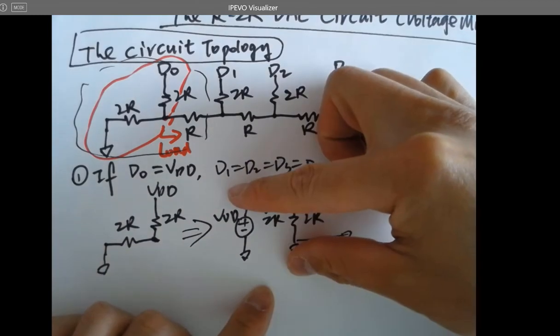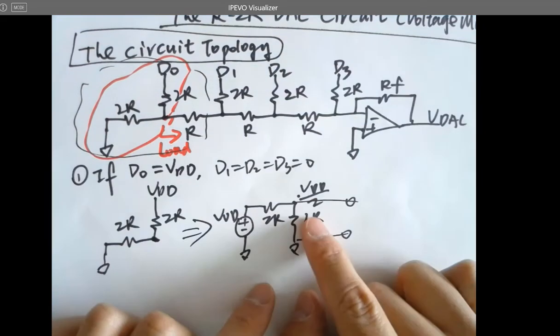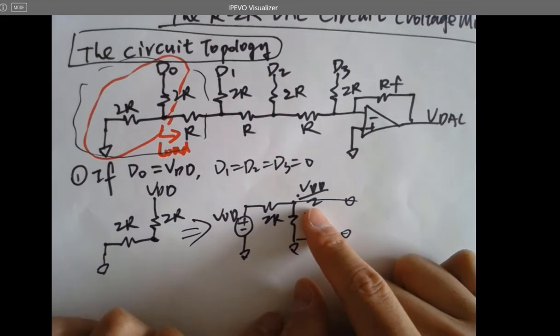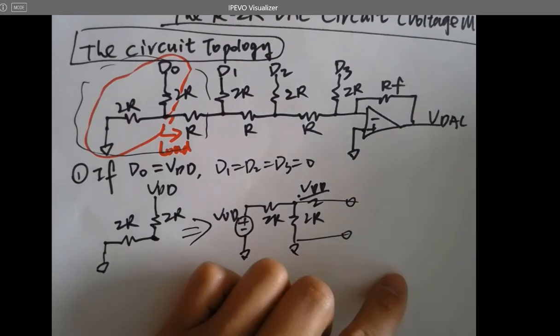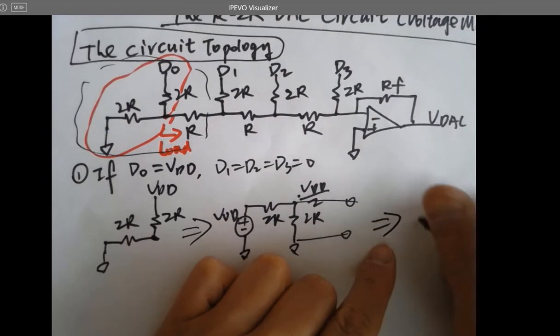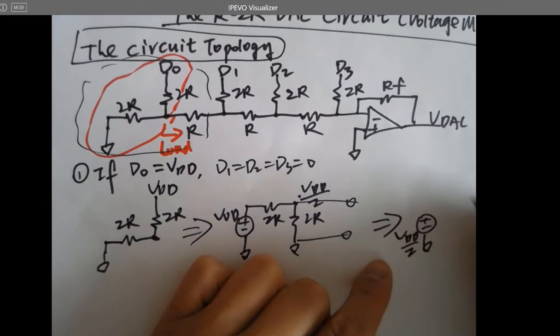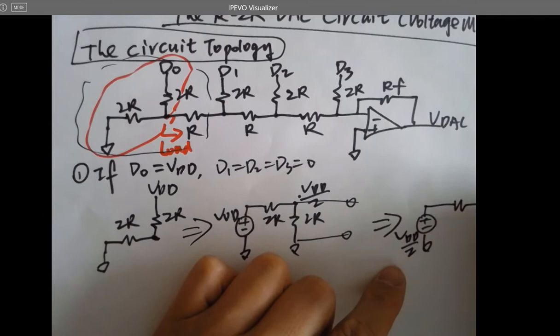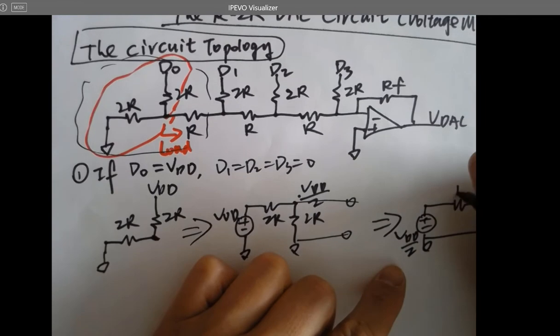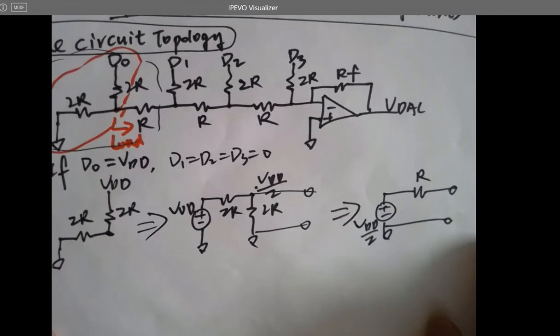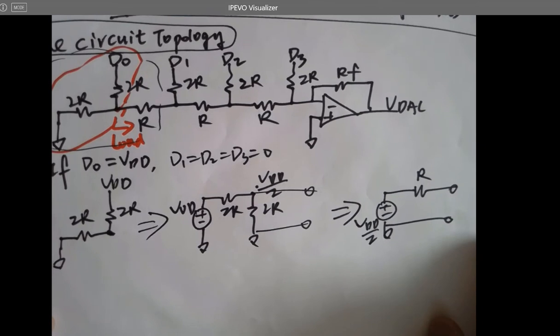RTH is R. ETH is VDD over 2. Is that correct? No.